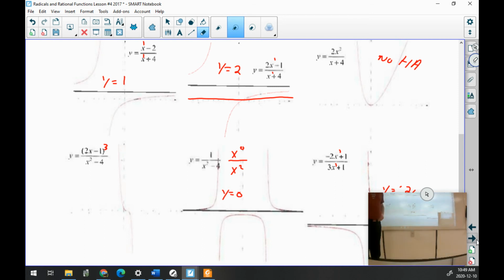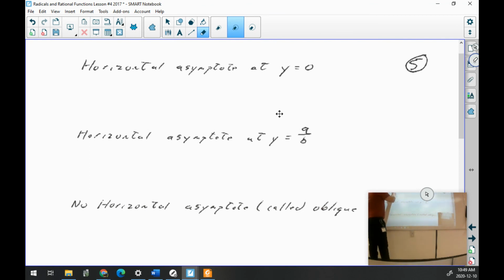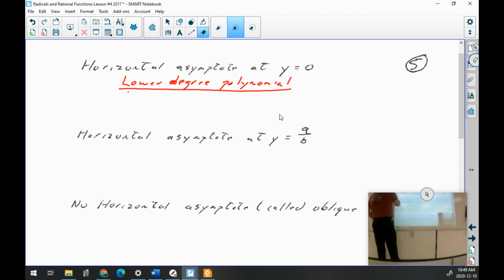So the three options that we have for horizontal asymptotes: a lower degree polynomial on the top and a higher degree on the bottom.